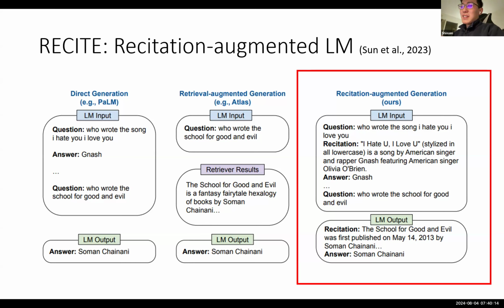And actually, it looks very similar to something called RAG, the retrieval augmented generation, and they have some subtle differences. For recitation augmented generation, instead of retrieving something from an outside source, it is asking the model to look up its own memory. It is telling the model to generate some recitation in the first place before it does any answering.